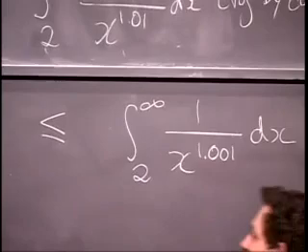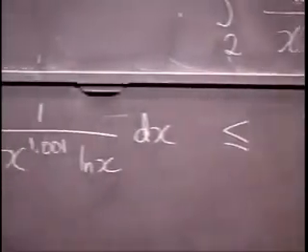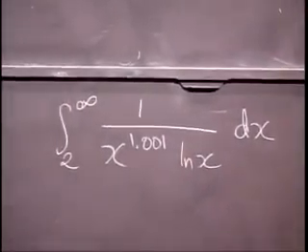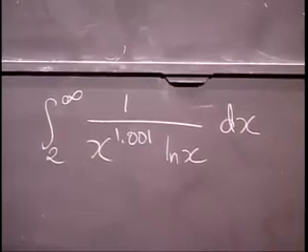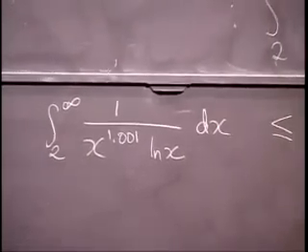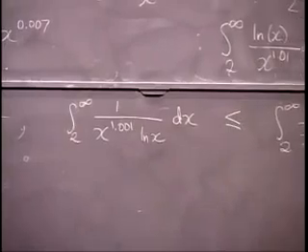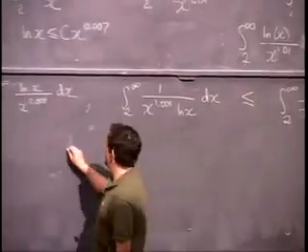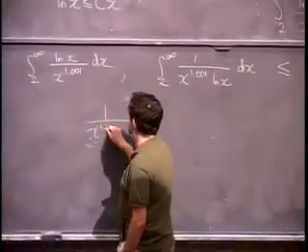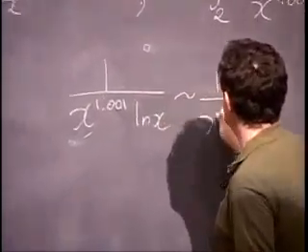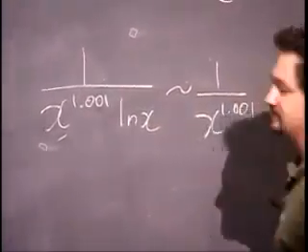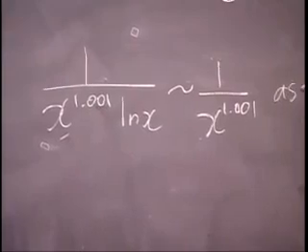We want this to be less than this. If this is going to help us, what do we know about log x? The question is, why not just say 1 over x to the 1.001 log x is asymptotic to 1 over x to the 1.001 as x goes to infinity?